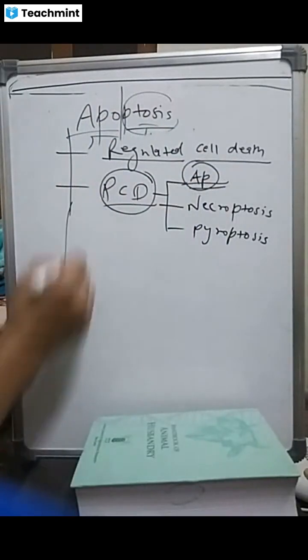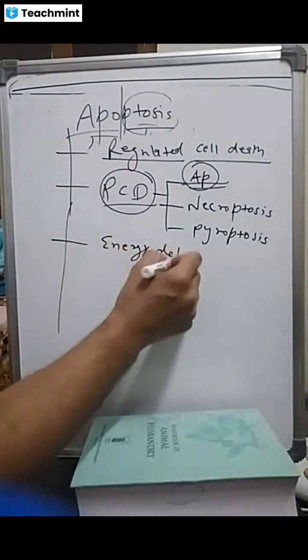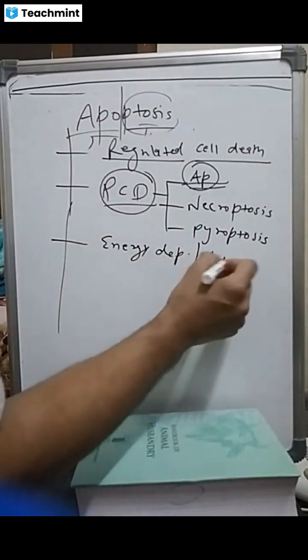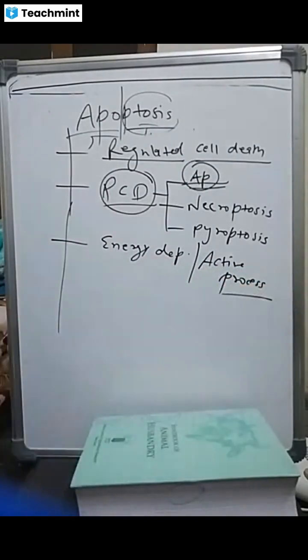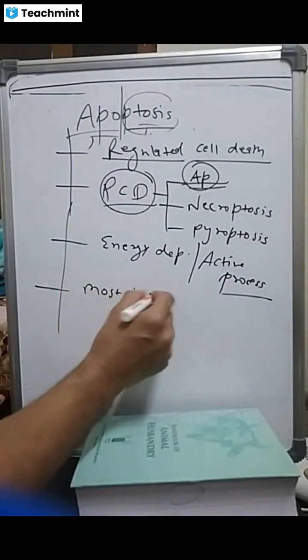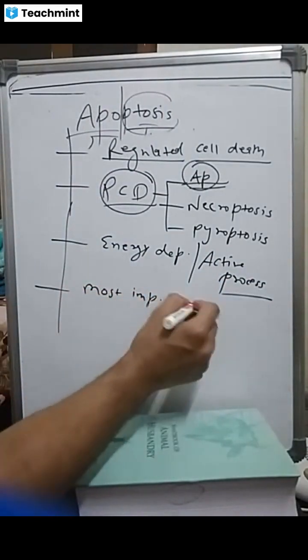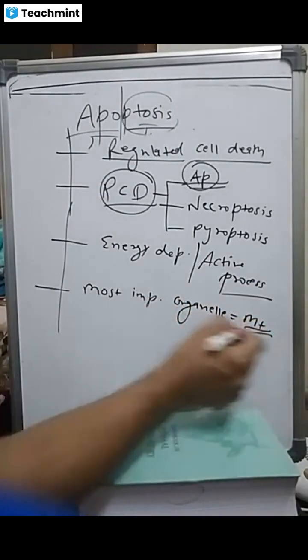This process is energy dependent, so we call it an active process. Apoptosis is an active process. The most important organelle involved is the mitochondria.